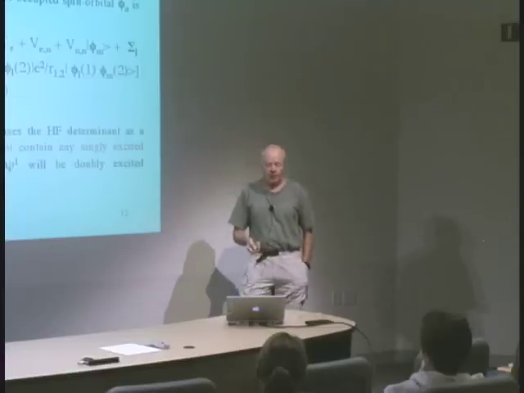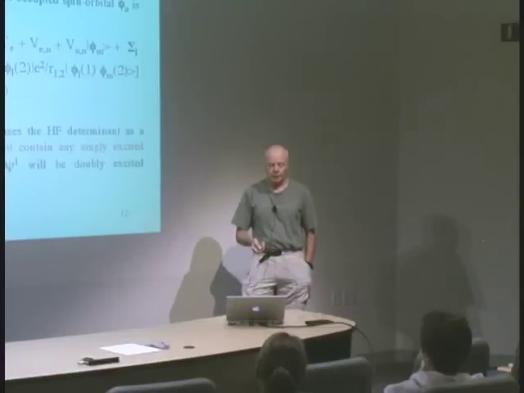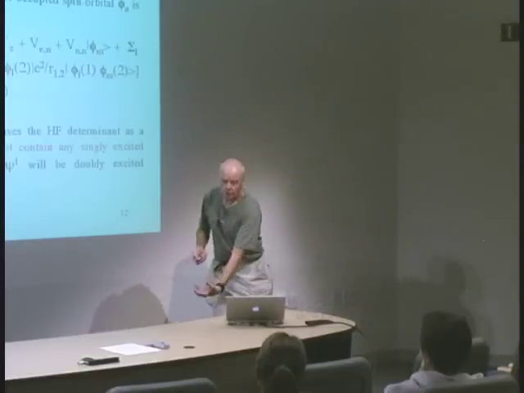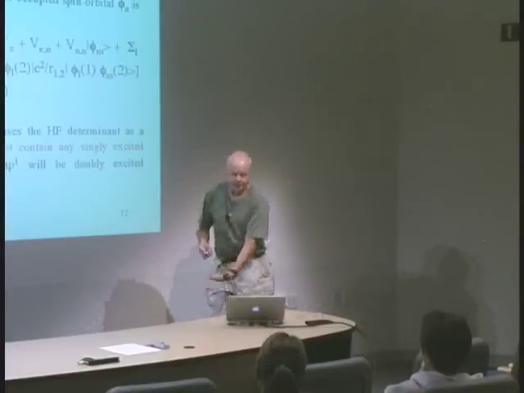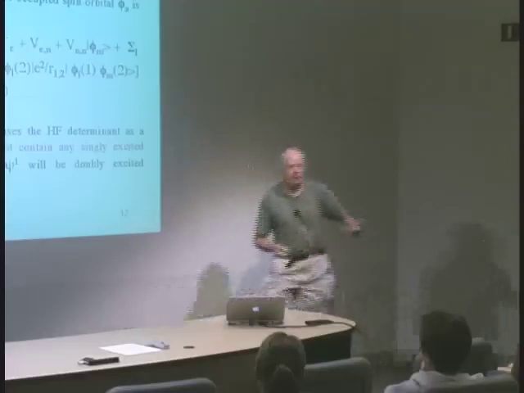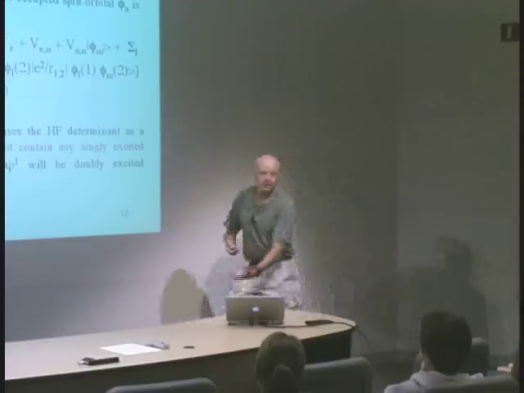We have promoted, for example, spin orbital A to spin orbital M, so that might be pi to pi star, or carbon-oxygen sigma in the case of formaldehyde. In the case of ethylene, it might be carbon-carbon sigma to pi star, but any kind of single electron excitation.